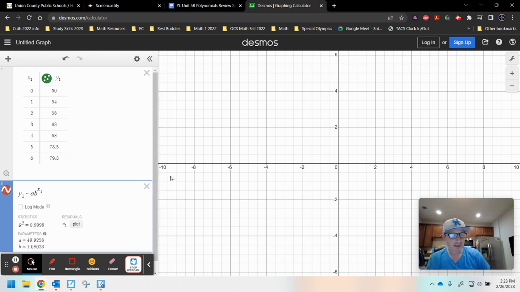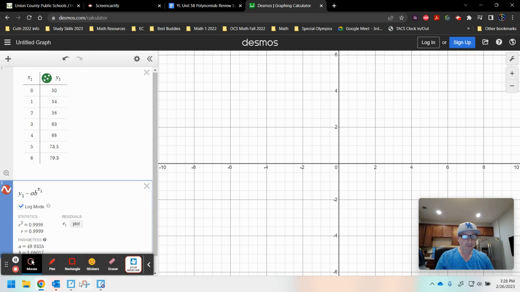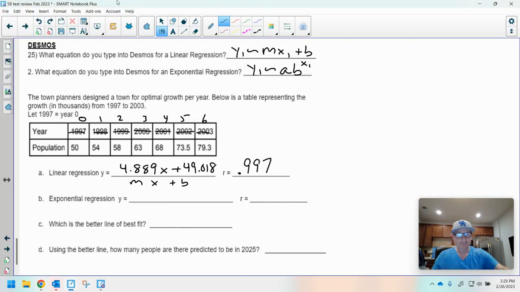I do have to hit that log mode to get my r. So we have the A is 49.936.